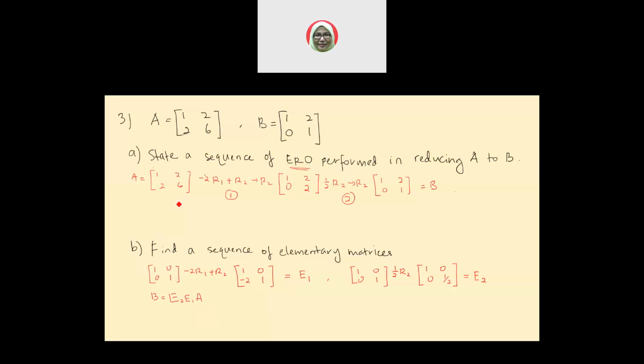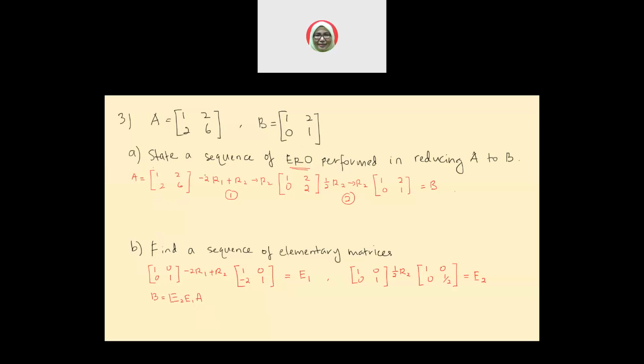From A we get matrix B by performing these two row operations. First elementary row operation and then second elementary row operation. So this is the sequence of elementary row operations performed to reduce A to B.